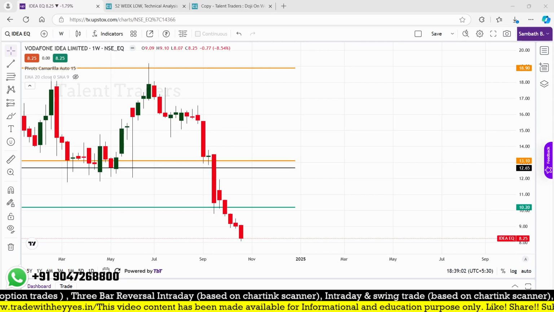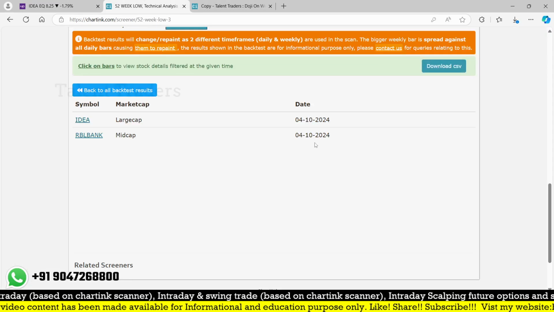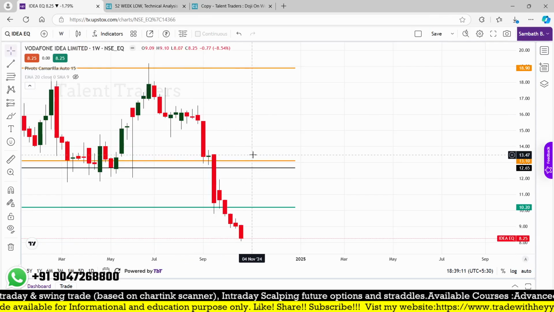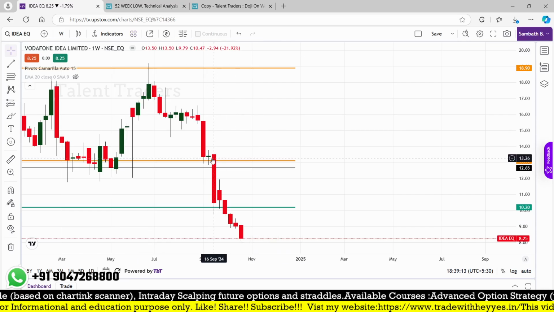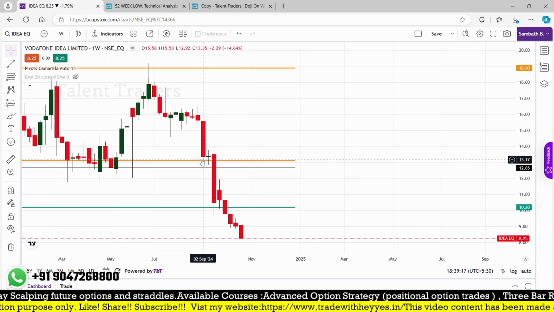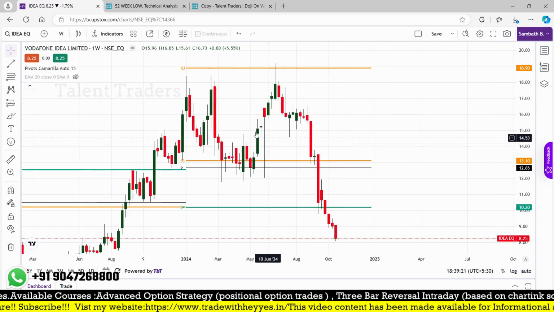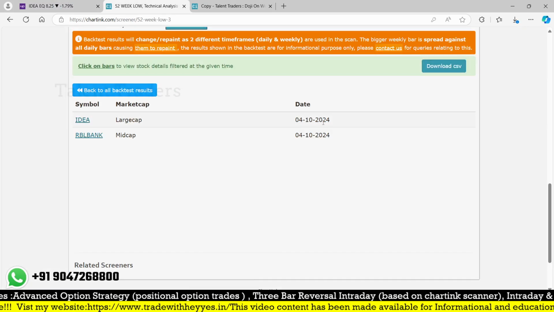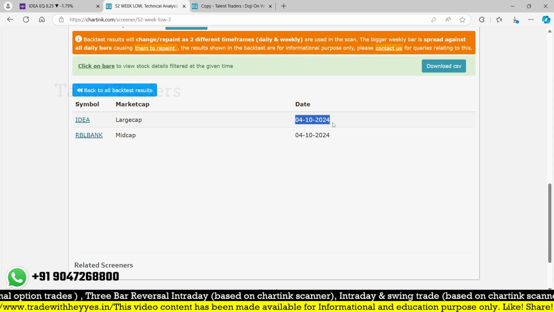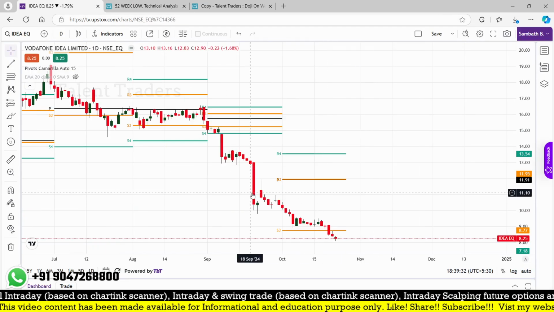That was the start. Here it shows closing 4. What is the date? 4/10/24. It's a daily time frame. Idea on 4/10/2024, so let me go to the daily time frame.